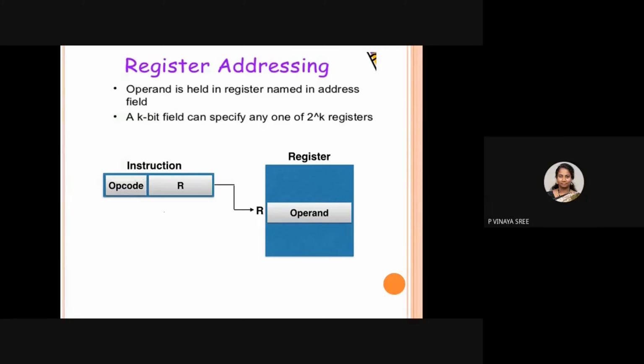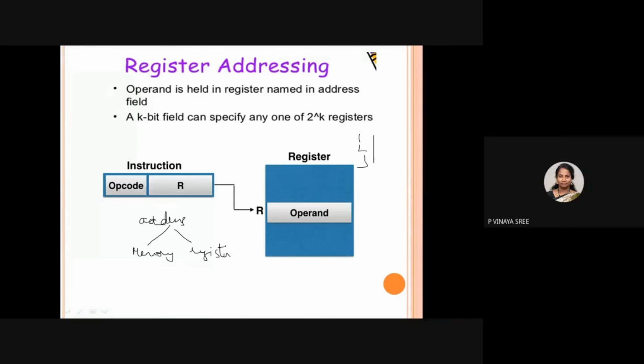I already said that an operand can be present either inside a memory or inside a register. In register addressing mode, the address field has a register. Since the registers are few, we mention some address like 1, 2, 3, 4, but it will not be in terabytes or gigabytes; the register size is very small.